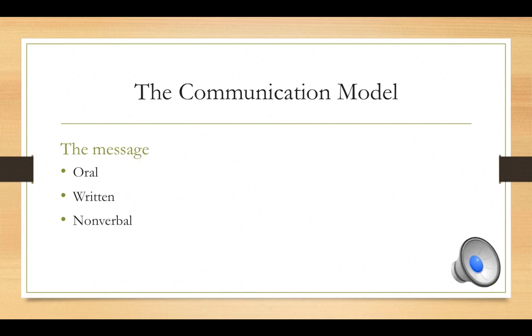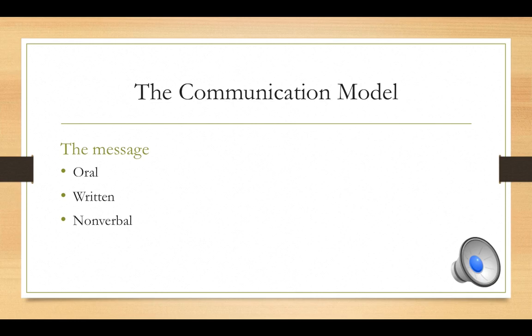Newman states that the message is the information that needs to be communicated. Now, there are three different forms of messages: oral, written, and nonverbal. Oral messages include staff meetings, individual meetings, conversations over the phone, voicemails, podcasts, conference calls, and sometimes even through the grapevine.